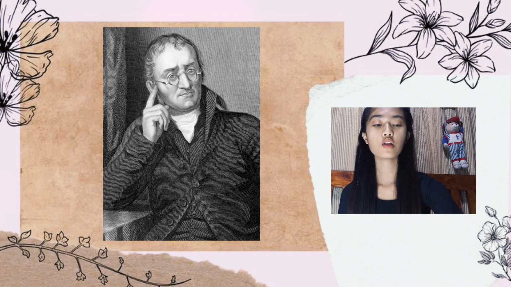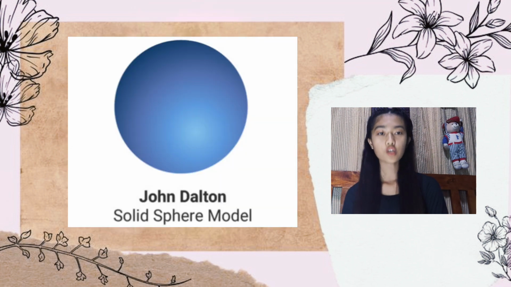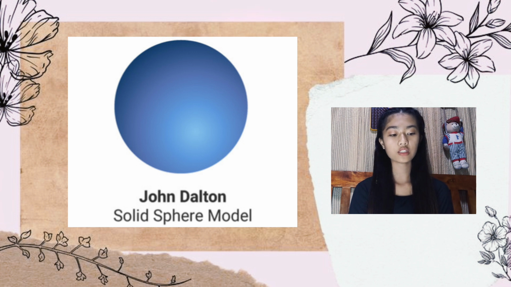He proposed the law of multiple proportions. Solid sphere model: this was the first atomic model and was developed by John Dalton in the early 19th century. He hypothesized that an atom is a solid sphere that could not be divided into smaller particles.